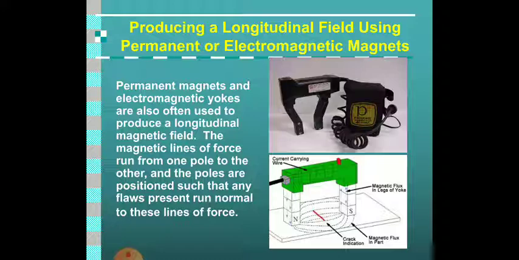Another desirable feature of this technique is that, unlike the probe method, the electric current is not transferred into the workpiece, so there is no tendency to arc burn the component.